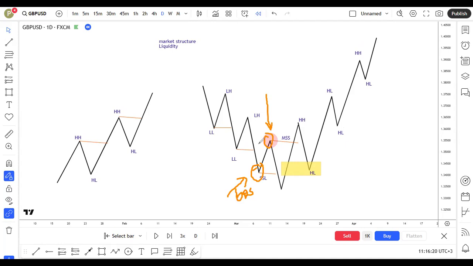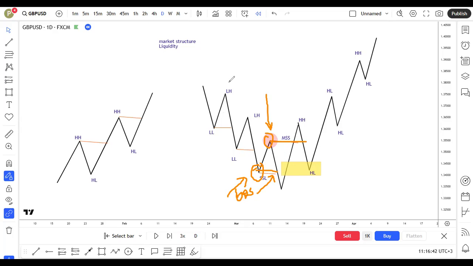But price didn't respect it, which means this was not a true breakout structure, but just a liquidity sweep, and price reversed. So we had sell side liquidity, which is an indication that the market is expecting to change direction.